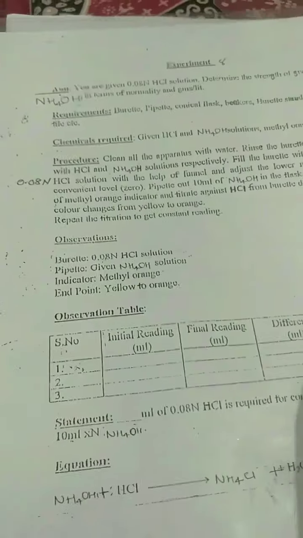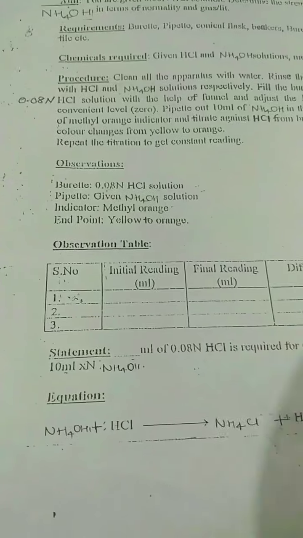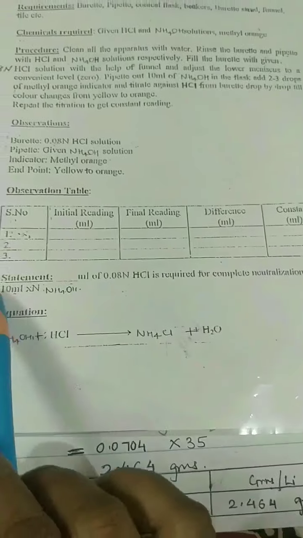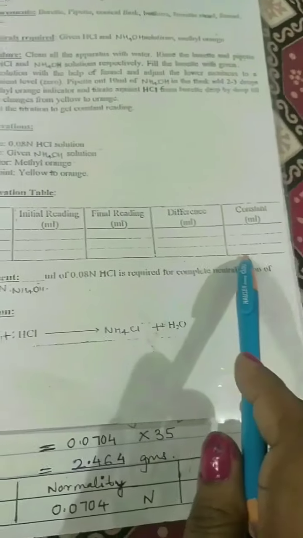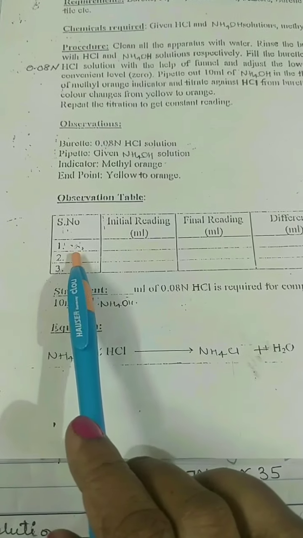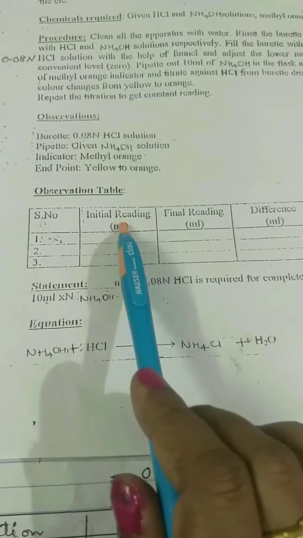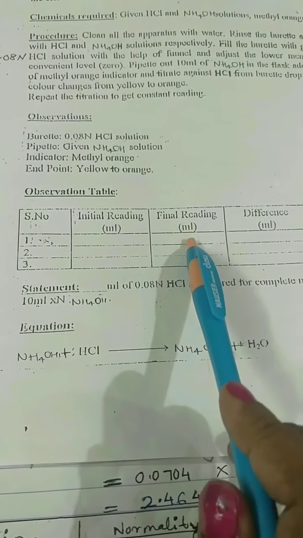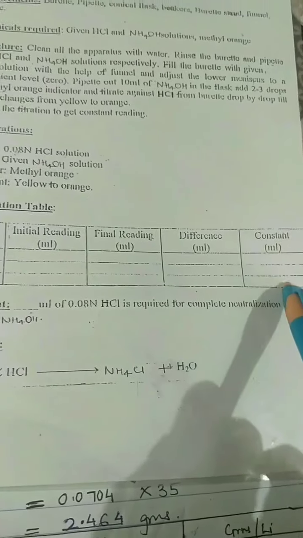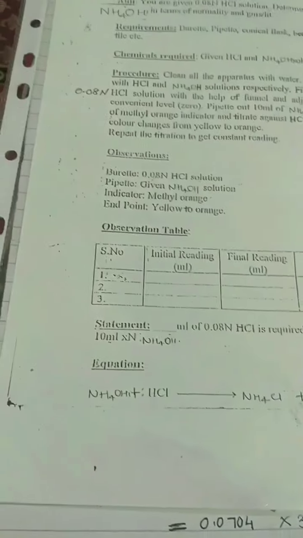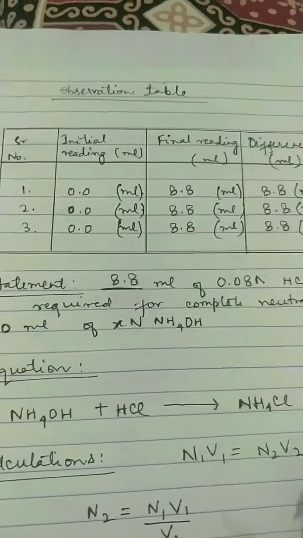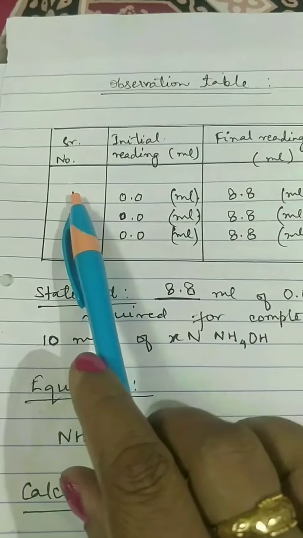After this we have to make one observation table like this. It will be having 4 columns. In the first column it is serial number, second is initial reading, then final reading, difference, constant. So how you will fill that I will show you. In the observation table, first column is serial number.